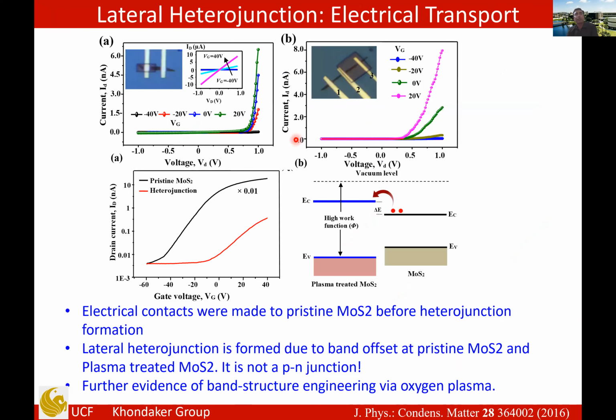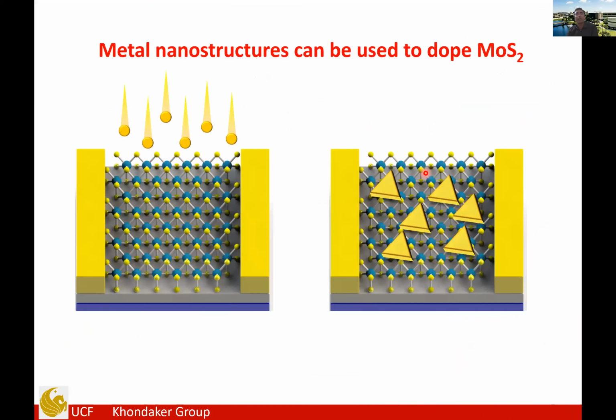And you can see this lateral heterojunction behavior because it gives rise to a rectifier. Okay, and that rectifying behavior again is not a PN junction, but because it has a band offset. That's the reason. A band offset gives rise to this rectification behavior.